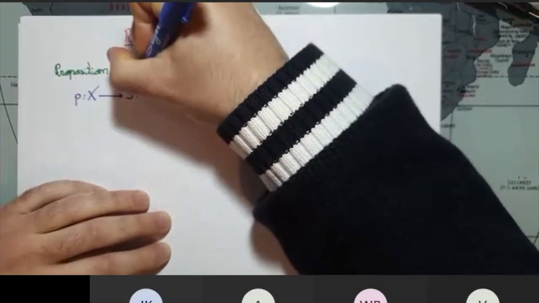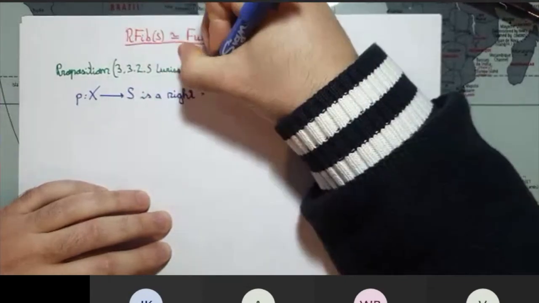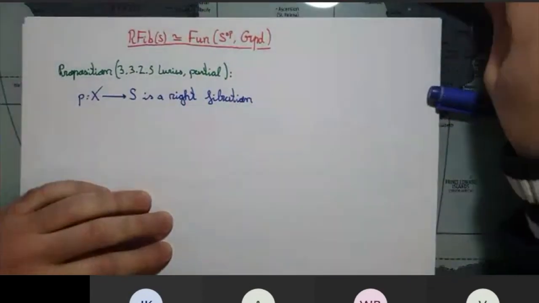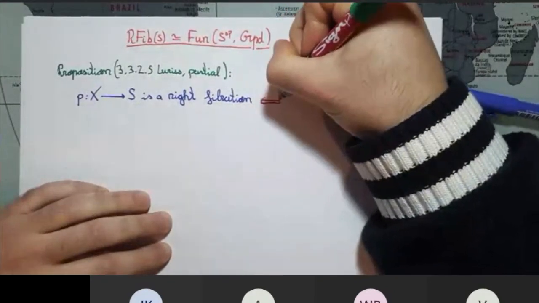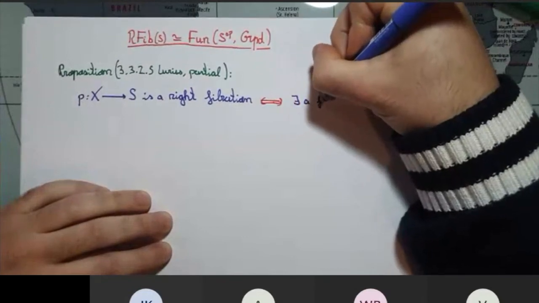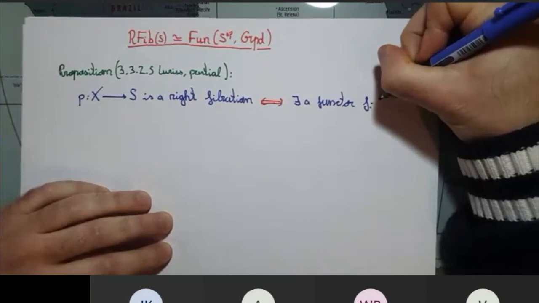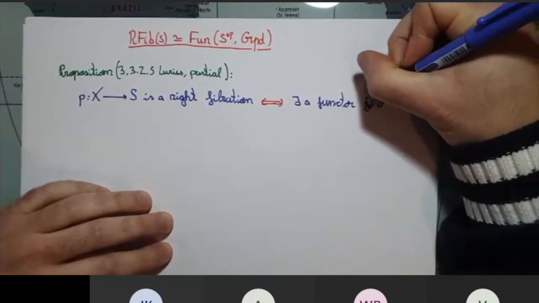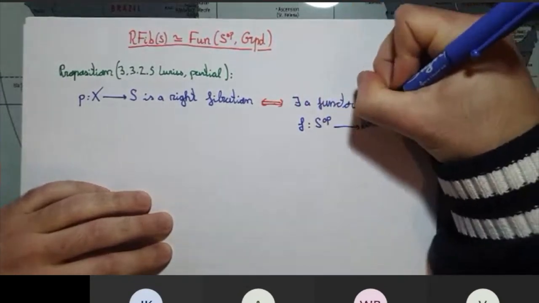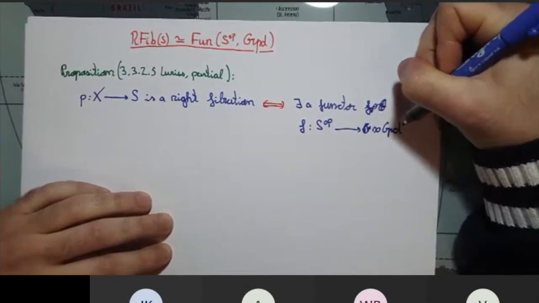If P is a right fibration, then there is a functor from S op to infinity groupoids that classifies P.